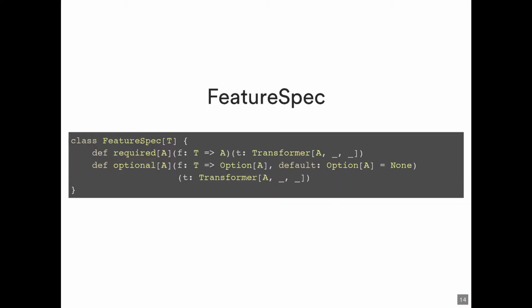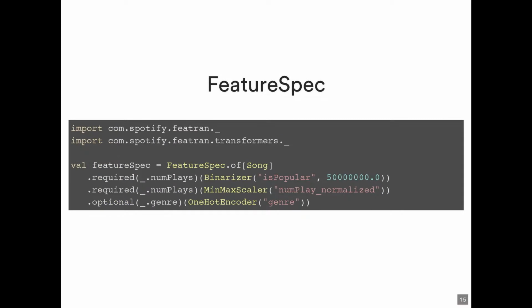You specify your feature spec, you tell it what type of record you're using, then you start talking about, so a feature spec will build up one feature. So in this entire piece of code, you are specifying one collection of these transformations. So the binarizer from before, the min-max scalar, and the one hot encoder.